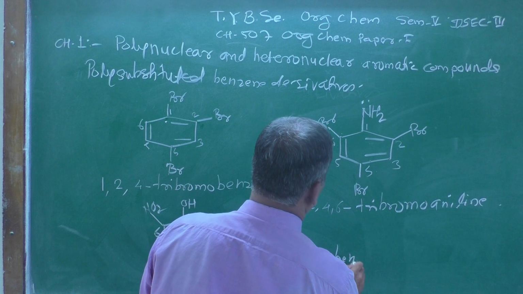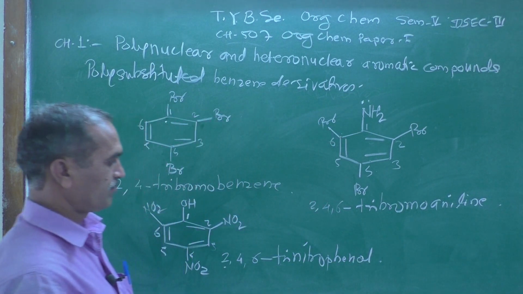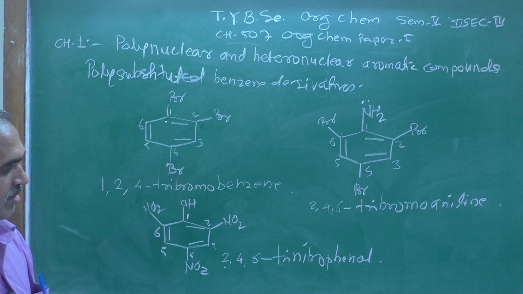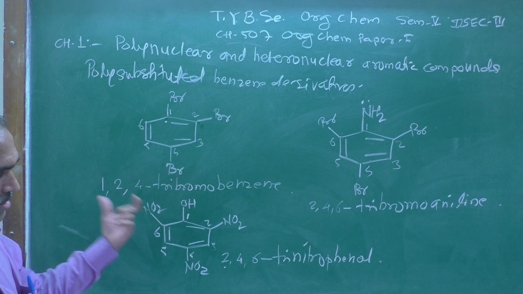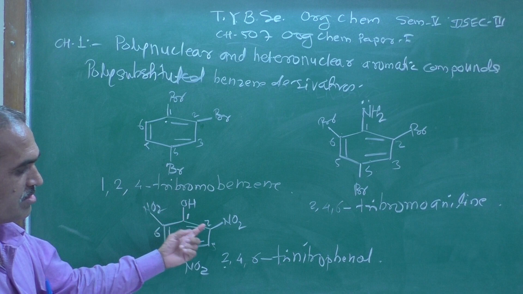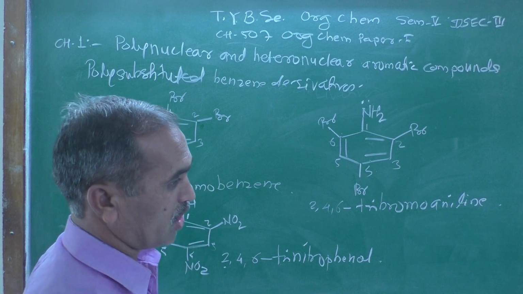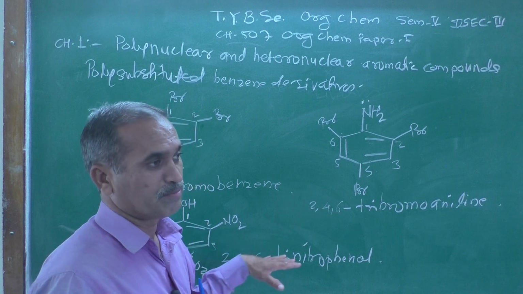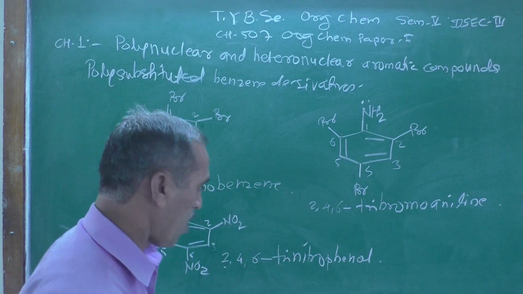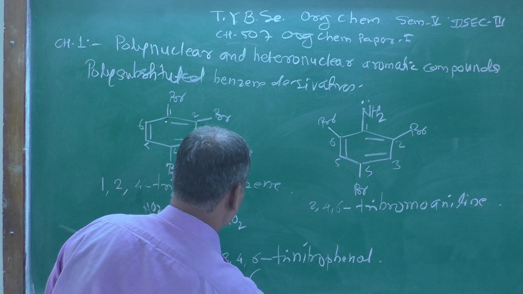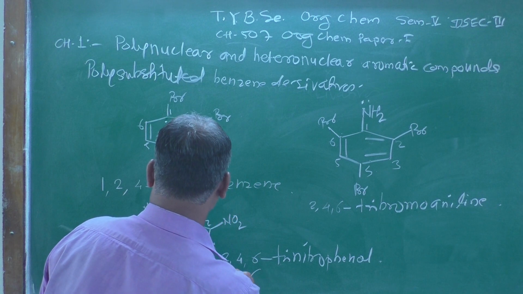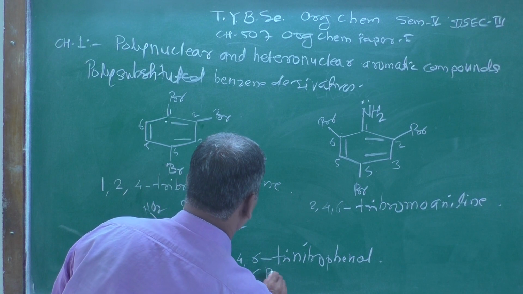Phenol is the parent moiety, and therefore it is called 2,4,6-trinitrophenol. This compound is also known by a common name. The common name of this compound is picric acid.